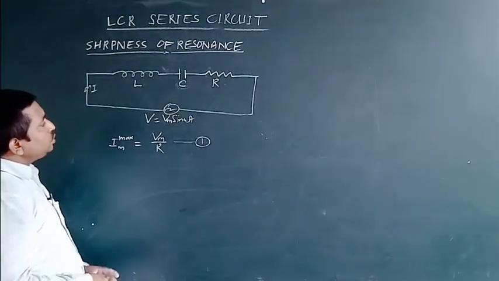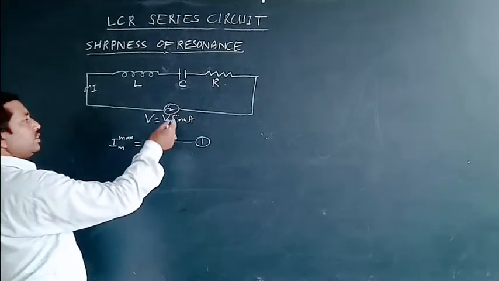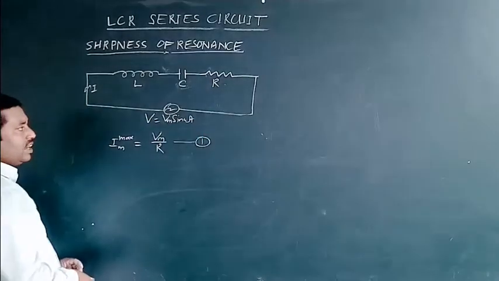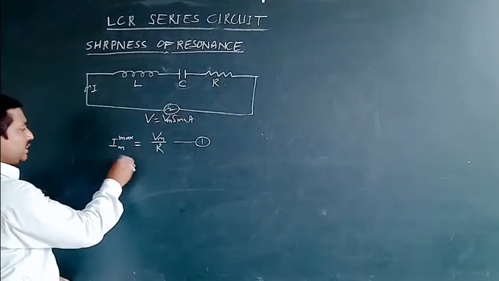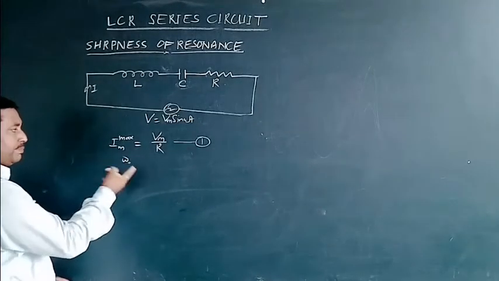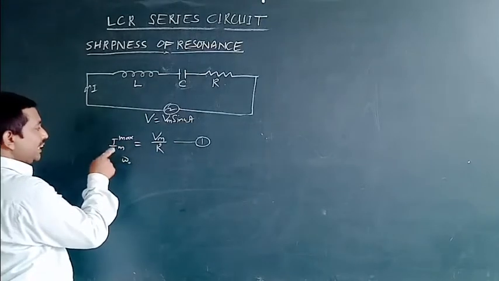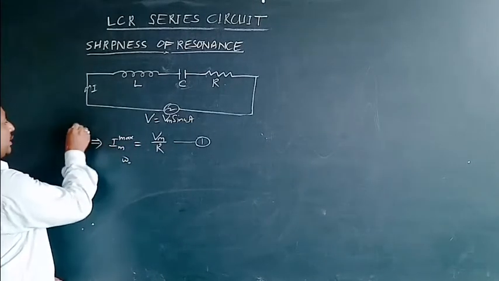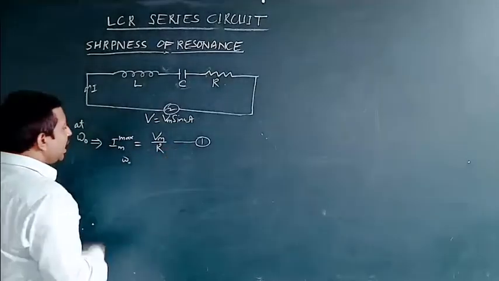Now, if we want to change the frequency of the AC potential source applied across this LCR series circuit, suppose the current is maximum at the frequency omega naught.